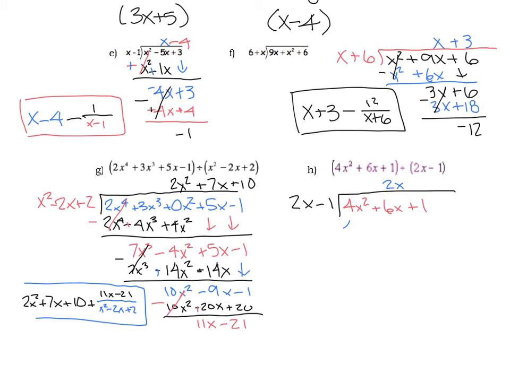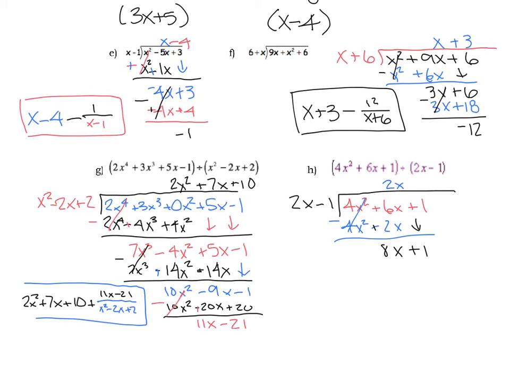So 2x times 2x is 4x squared. 2x times negative 1, negative 2x. All right, so when we subtract that, that cancels out. That's what we want. And then 6 minus a negative 2, that becomes positive. So it's really 6 plus 2, which is 8x. Carry down the plus 1.